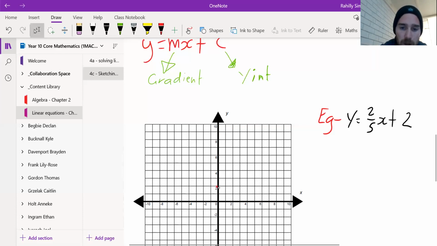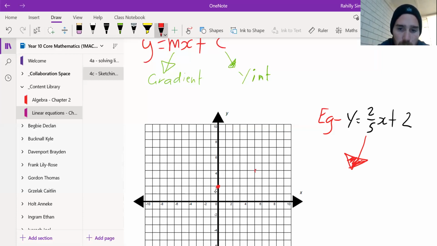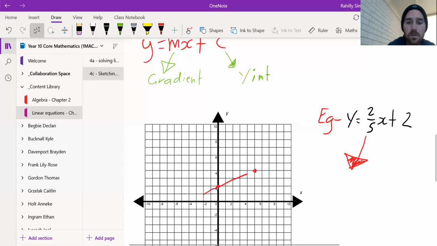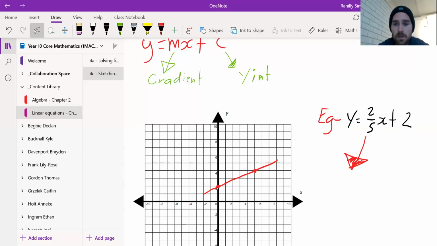So we're going to put a point at our y-intercept just there. Now, with this here, that's our rise and our run. So we go up 1, 2, and we go across 5. 1, 2, 3, 4, 5. There's my second point. All I'm going to have to do is draw a straight line, because it is a linear graph. That is all you guys are going to be doing for this lesson.